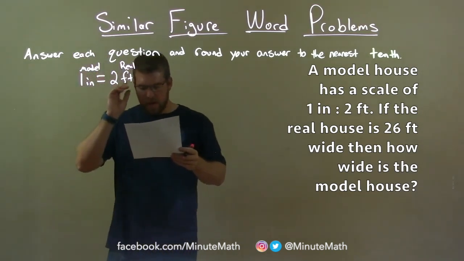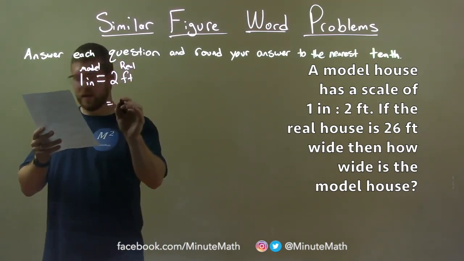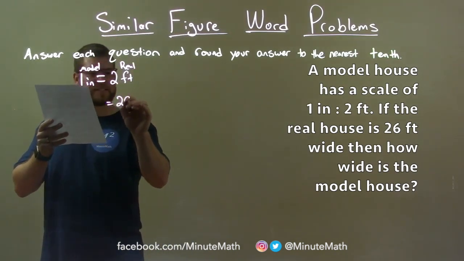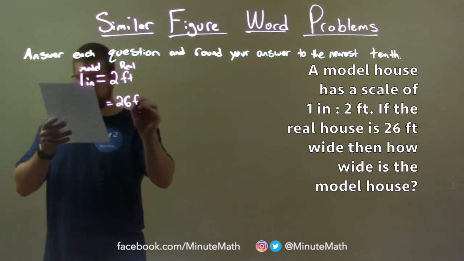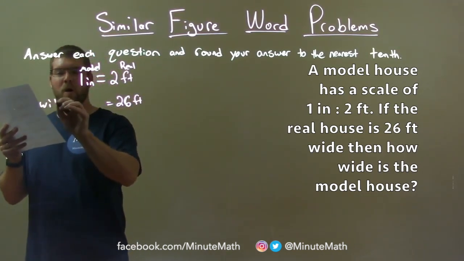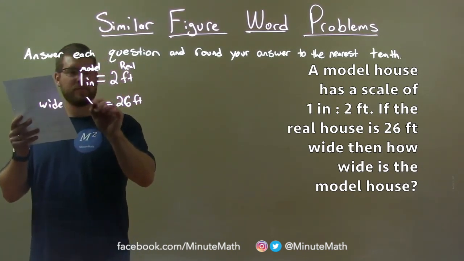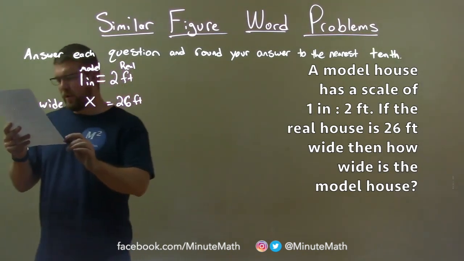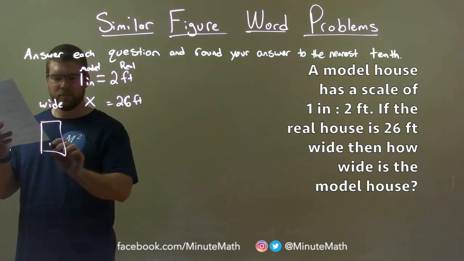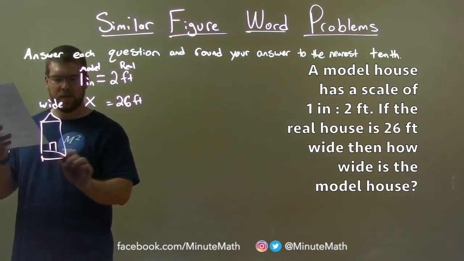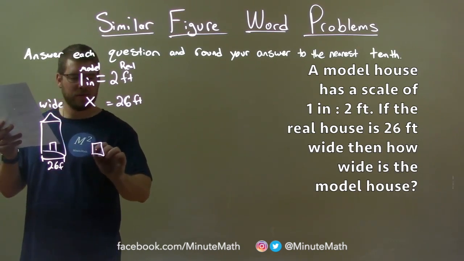If the real house has a width of 26 feet, then how wide is the model house? So we have our real house, a lot bigger here, and they say its width is 26 feet, and we have a little model house here.